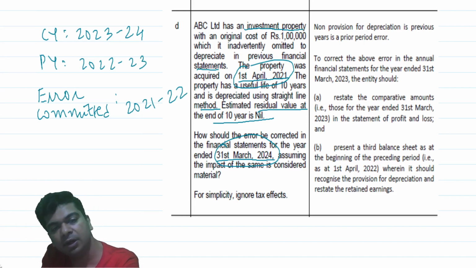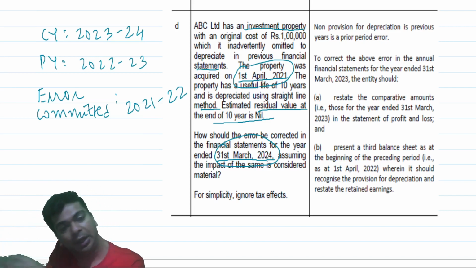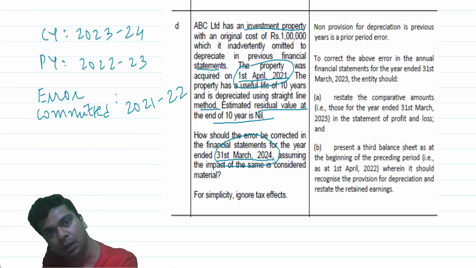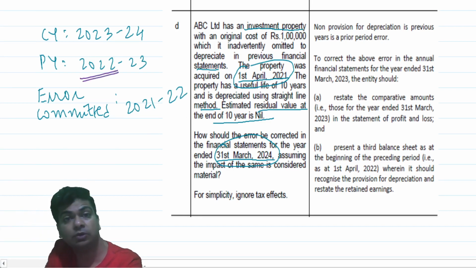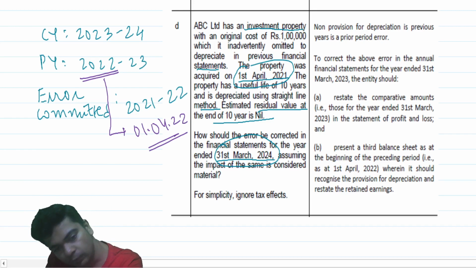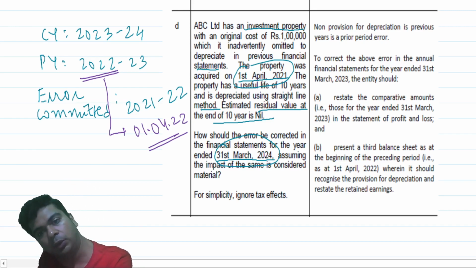When will you prepare the third balance sheet? Not on the day you acquired the investment property, right? You have to prepare the third balance sheet at the beginning of the preceding year for which comparative information is provided. I will provide comparative information for the year 2022-23, and that year will start on 1st April 22. Third balance sheet will be prepared on 1st April 22. Okay.